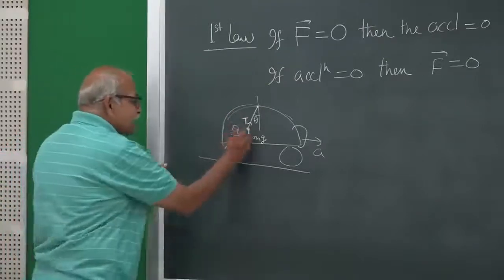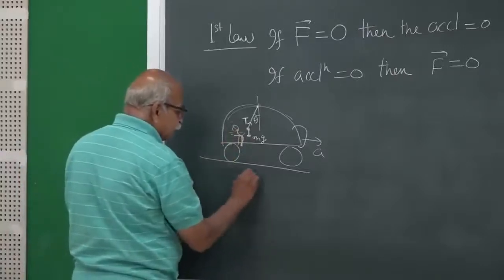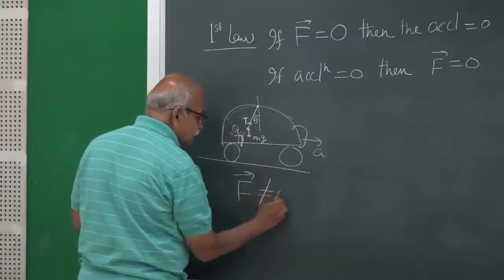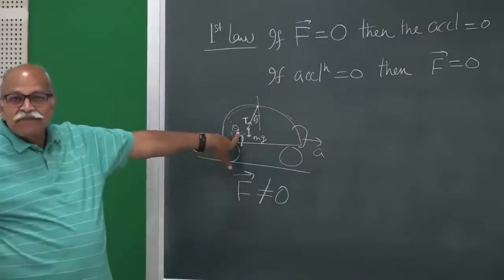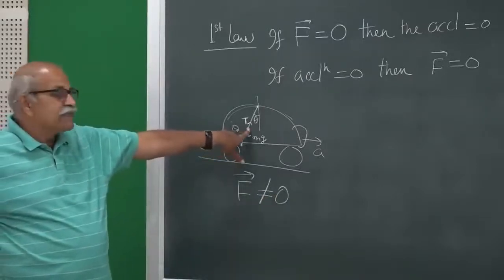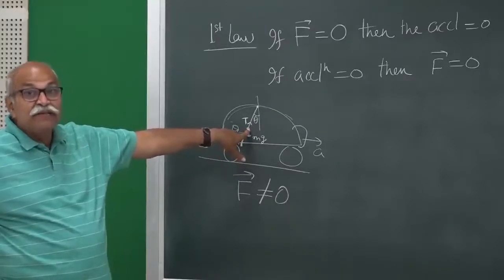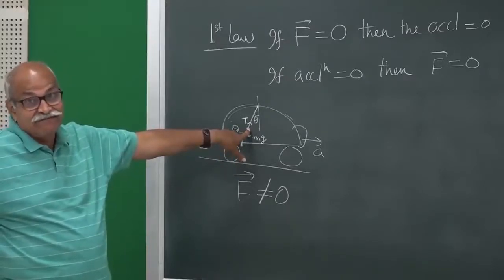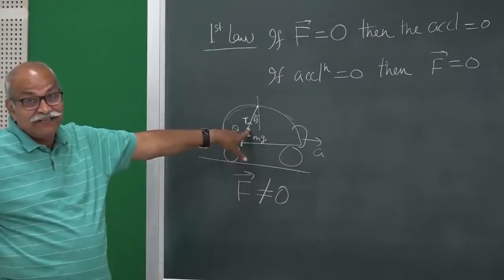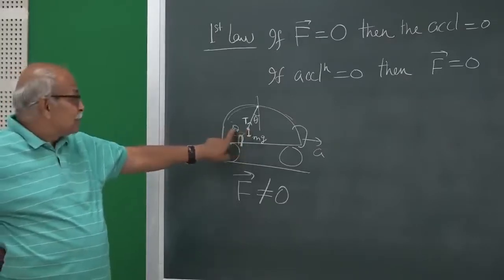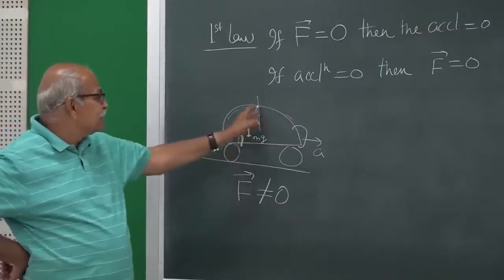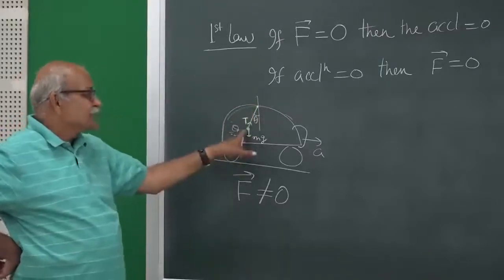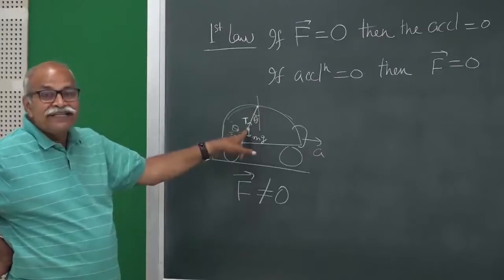So, you have a net force, force is not 0, but what do I see? I see that it is at rest and it remains at rest. So, the acceleration is 0 for this observer here. If he puts the origin here, x, y, z axes, no coordinate is changing with time.